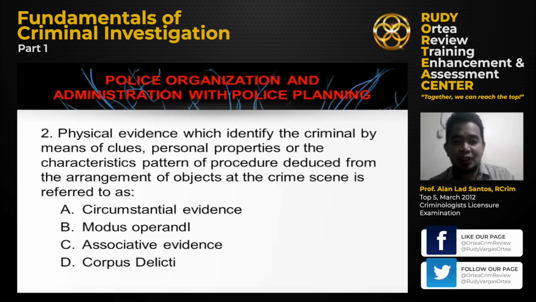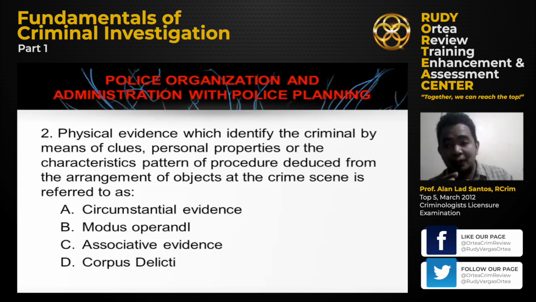Personal properties, no? Naiwan ni Pedro ang tsinelas, no? May tsinelas na nakuha at sabi nila kay Pedro daw yung tsinelas. Okay? Circumstantial. Hindi naman yung brand ng tsinelas na yun si Pedro lang ang nagmamay-ari o bumili. Okay? Circumstantial din yun. Pattern of procedure.